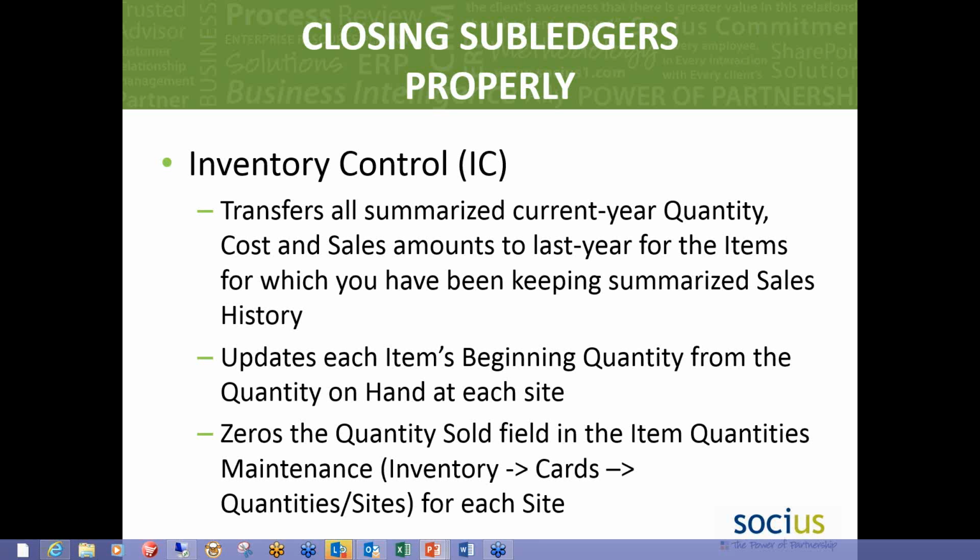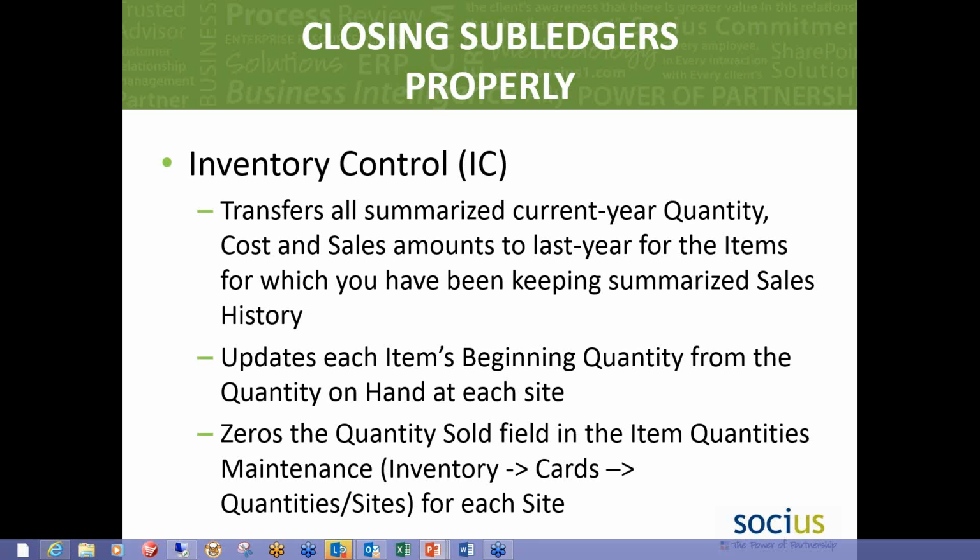So there are views and inquiries that allow you to take a look at that information, and it's important that timing is considered as you run this year-end process. It also updates each item's beginning quantity from the existing quantity on hand at each site. And it also zeroes the quantity sold fields in the item quantities maintenance window inside of inventory.